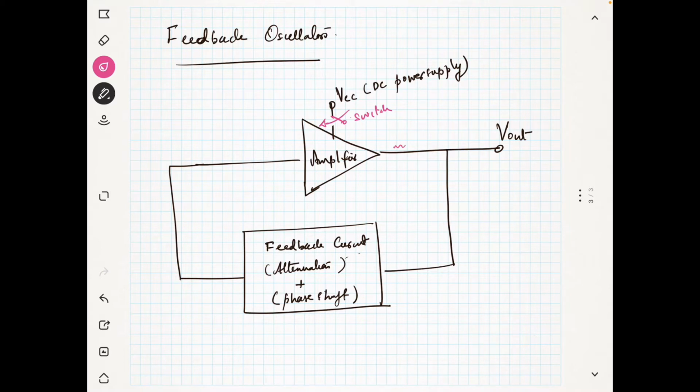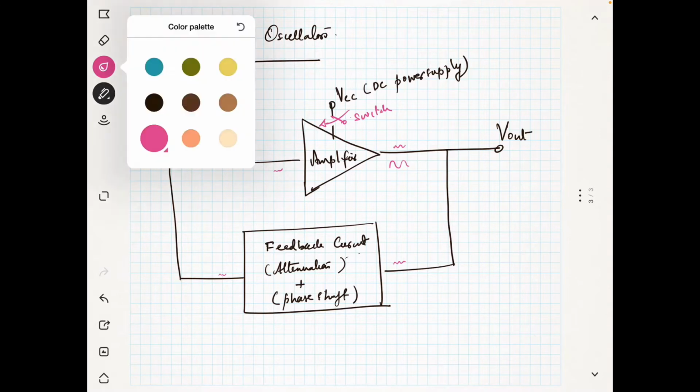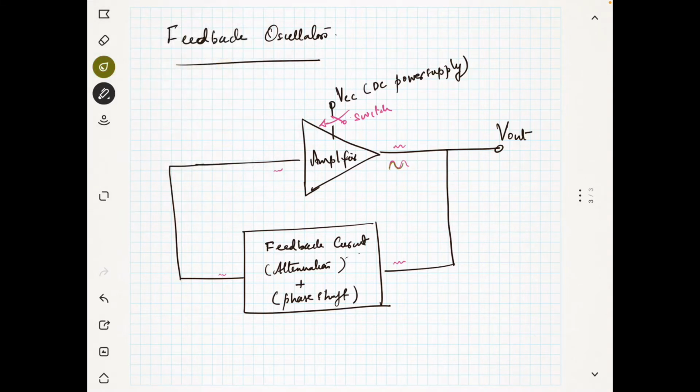This output will reach the feedback network, and then reach the amplifier stage, and the amplifier will amplify it a second time.